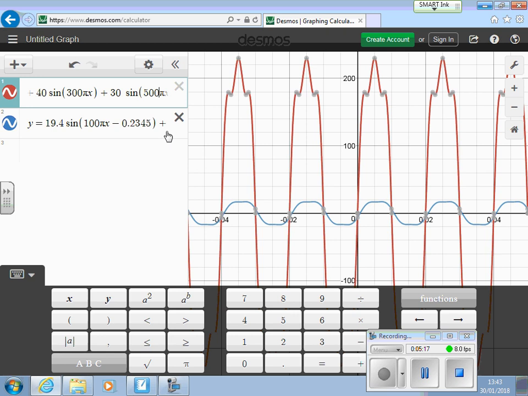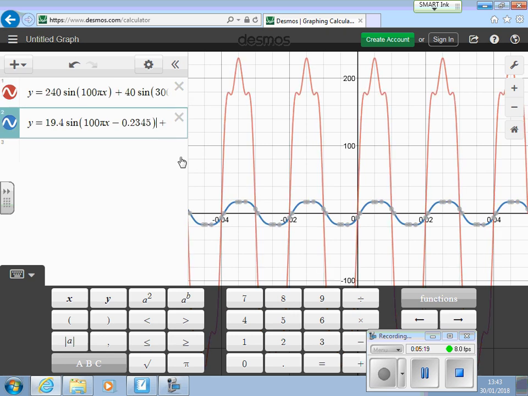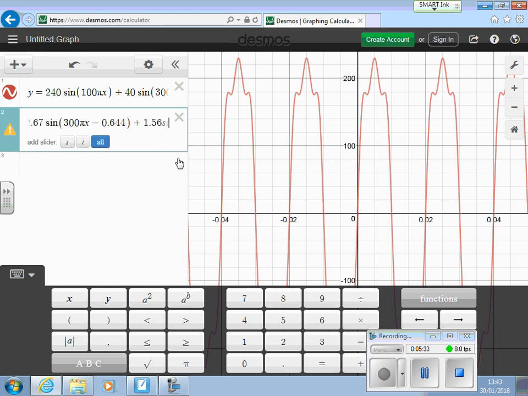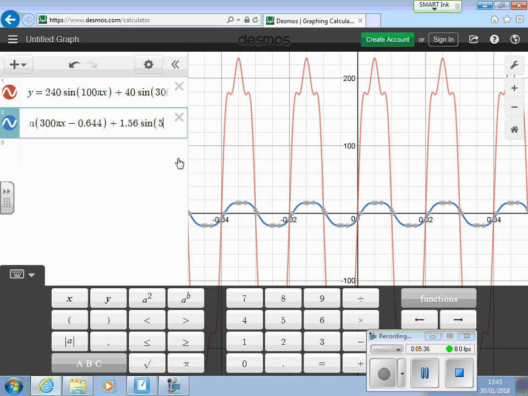If I add the fifth harmonic current to the blue one, so what was it, 1.56 sine brackets 500 pi x, I'm having to use plus 0.9, those brackets should be minus, correct.